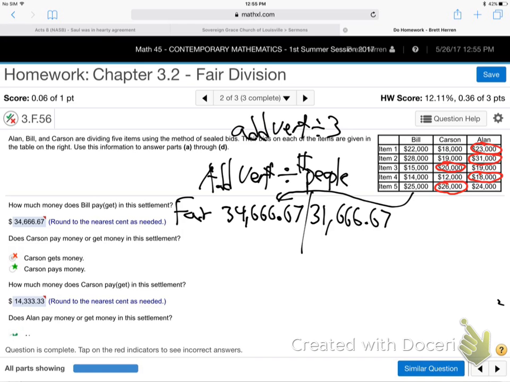It's looking the same. That's the second one, and then the third one. Unless I'm pushing the wrong button. I would do this twice if it was my test grade on the line. I'd hit the buttons twice because I know how easy it is to hit a wrong button. And this one would be 38,333.33. Do I get those right? Those are the fair shares for the 3 people.